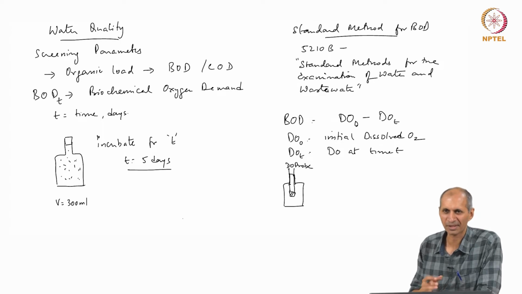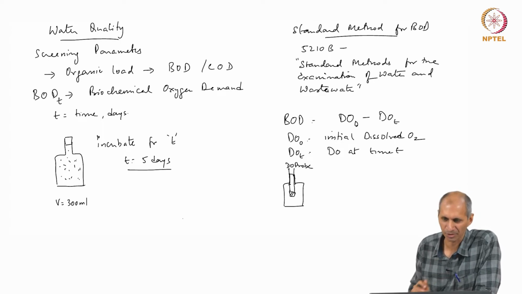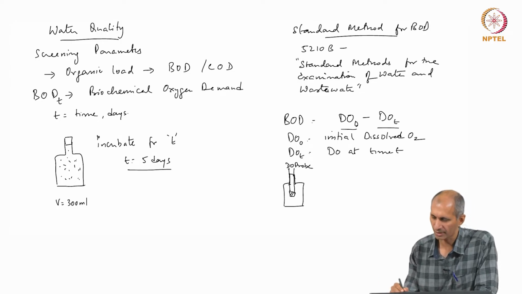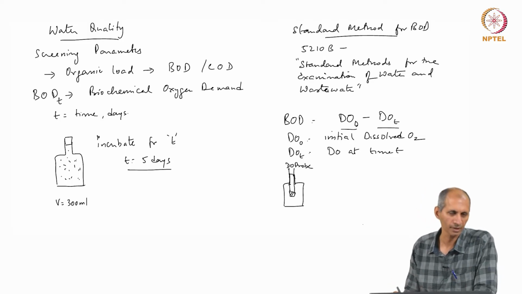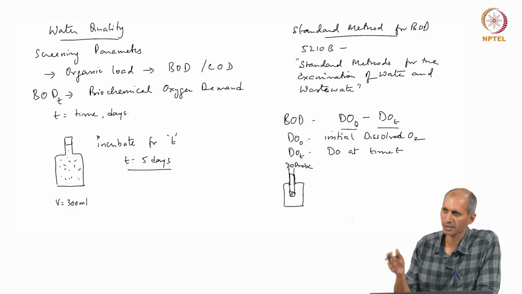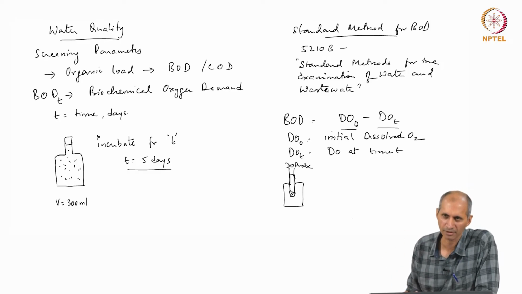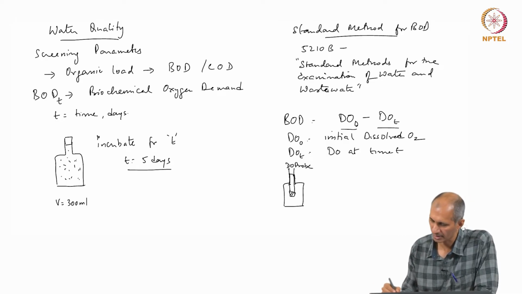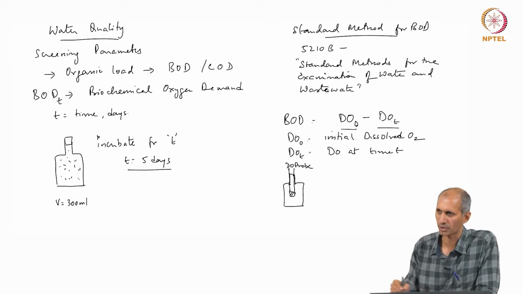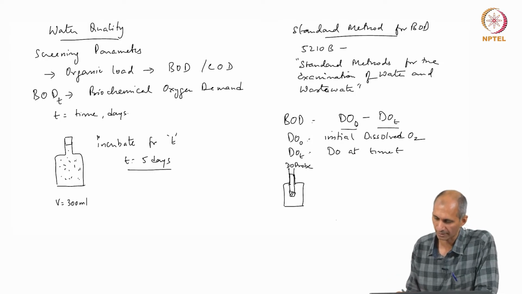We talked about quality control. After 5 days you take it out and measure the probe DO again. You are going to get a decrease in the DO from the initial to the final, which means that corresponding to the amount of organic load that is present, a certain amount of degradation has happened. Oxygen has been utilized for the degradation of organic compounds, and therefore this difference is expressed as BOD, biochemical oxygen demand. What errors could be there in this?